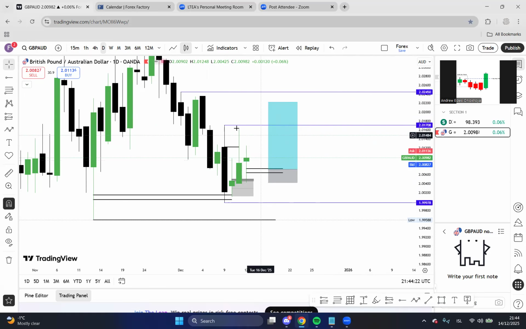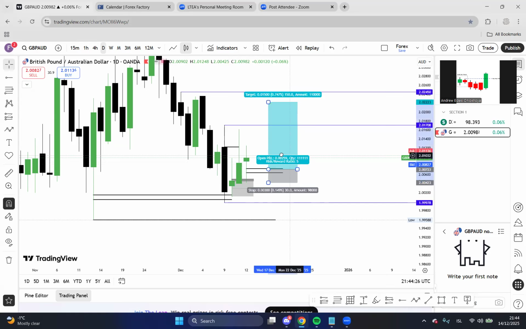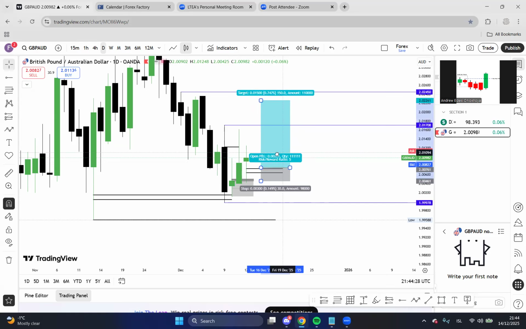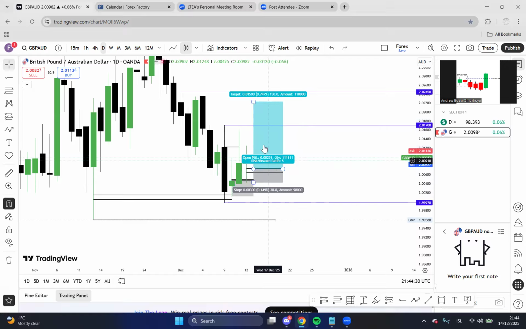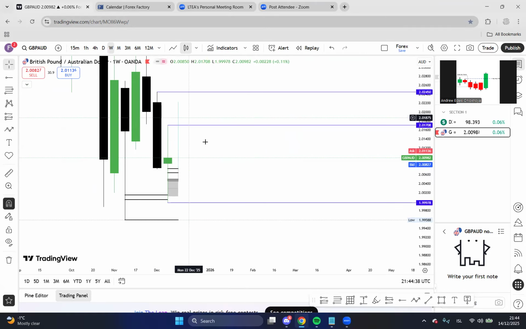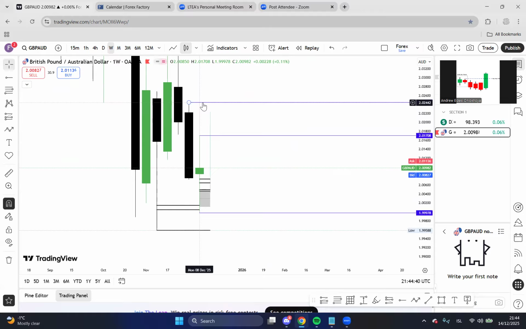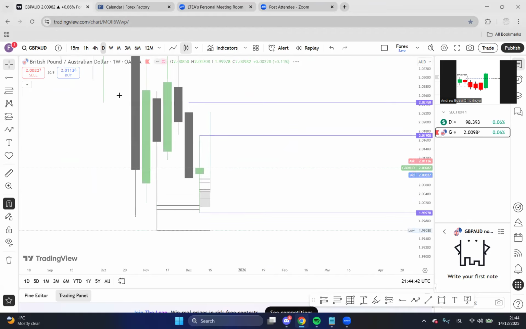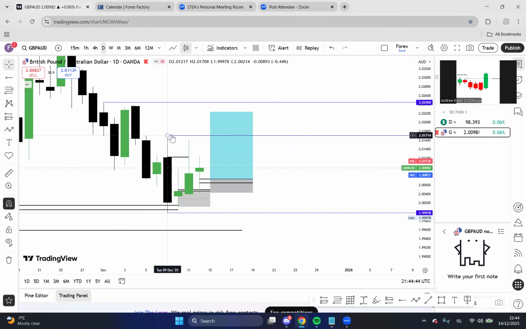But looking at what really happened throughout last week, I would prefer price to pull back down into any of these levels and continue going higher. This is this candle high, but this is the previous week high. So whether we will get here, we don't know. But at least to take out this high and probably continue moving down to take out this low.